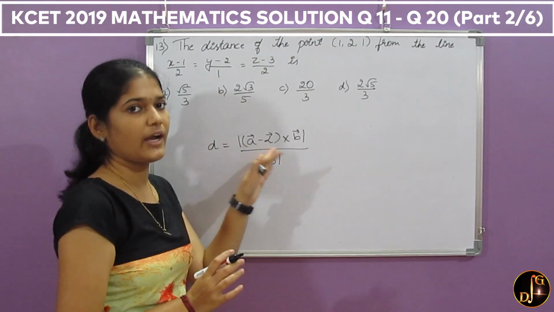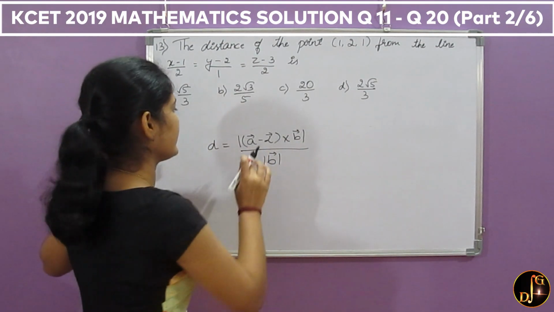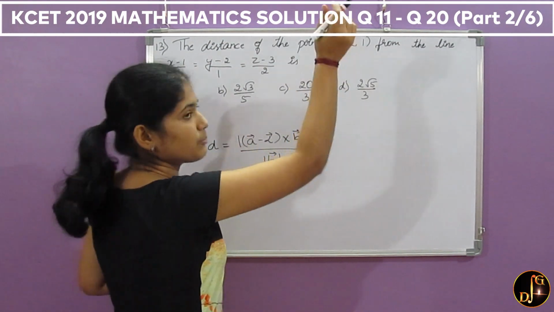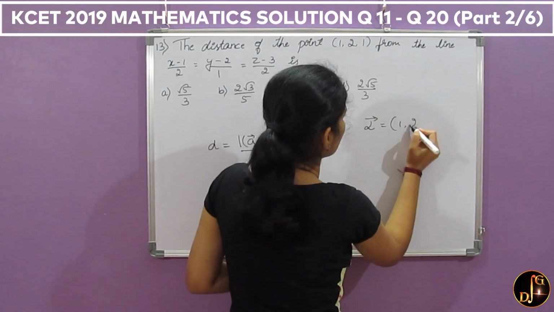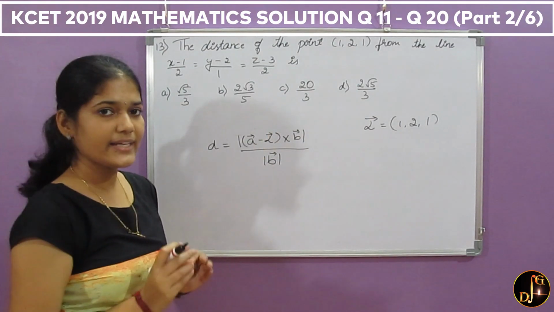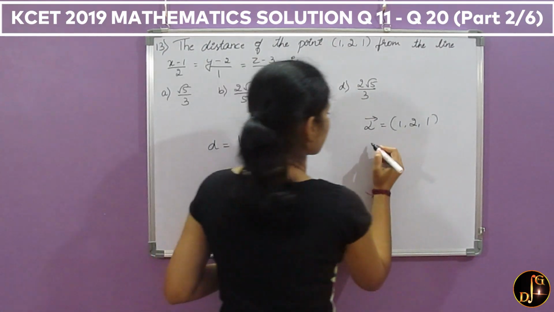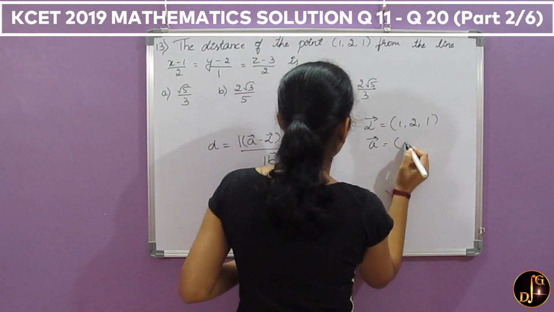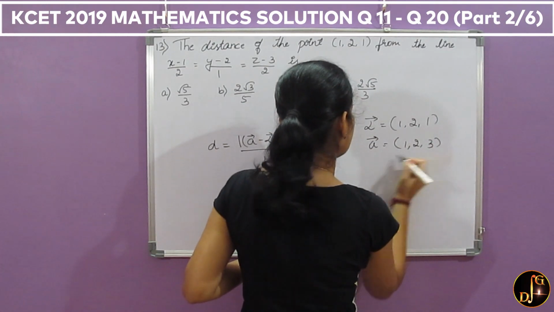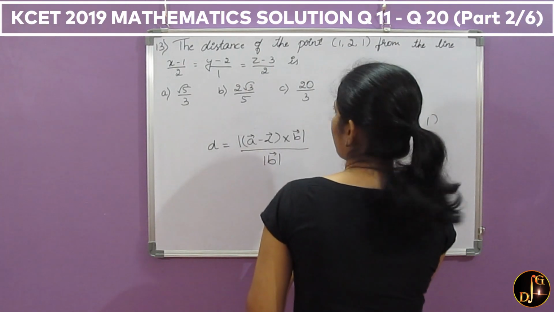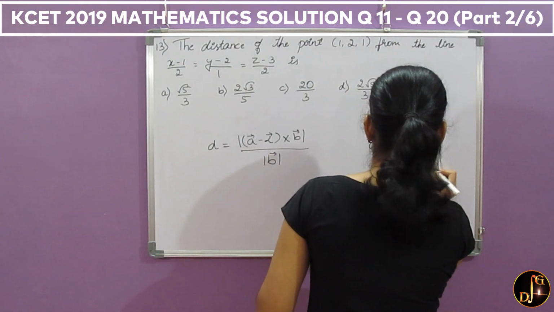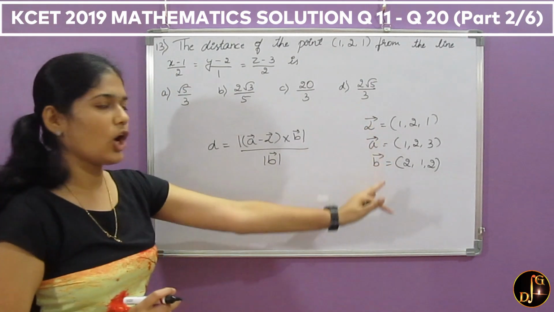But what is alpha, A and B in this? Alpha is nothing but the point. That means alpha is 1, 2, 1. A is nothing but the position vector. So, A will be 1, 2, 3. And B is the parallel vector. So, it will be 2, 1, 2. Right? We know all the terms.